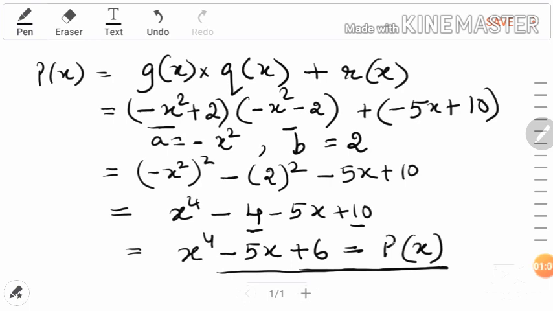Now we are in a state to write down a general statement for division algorithm for polynomials.